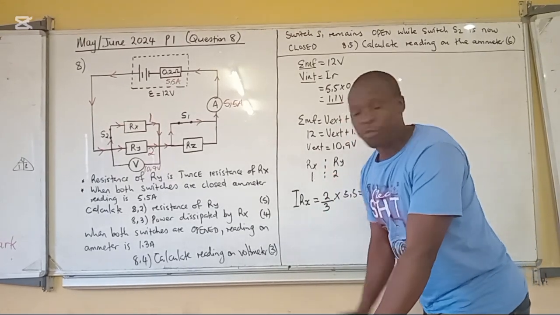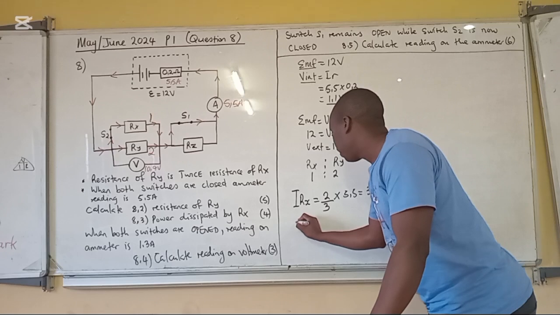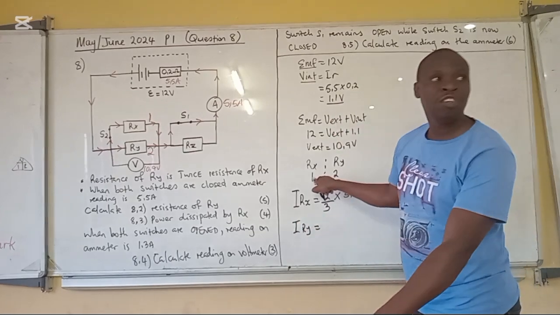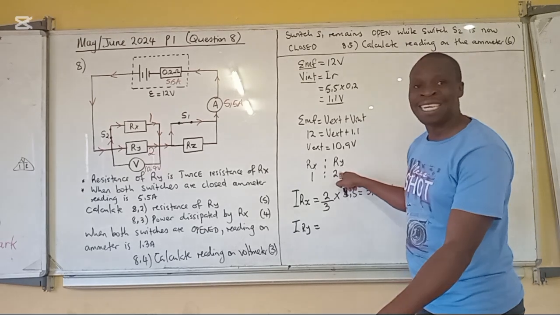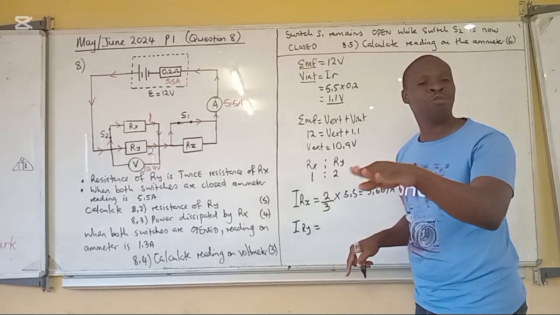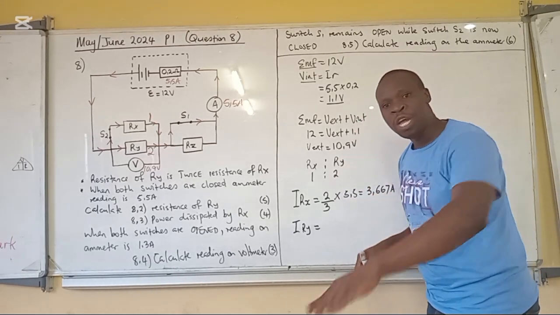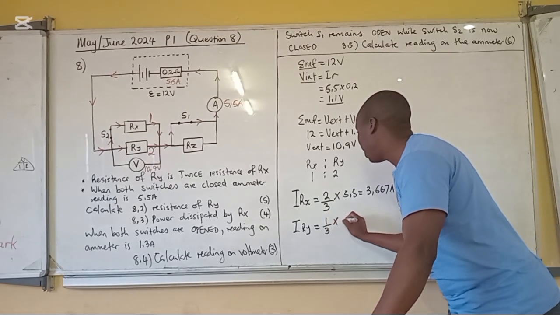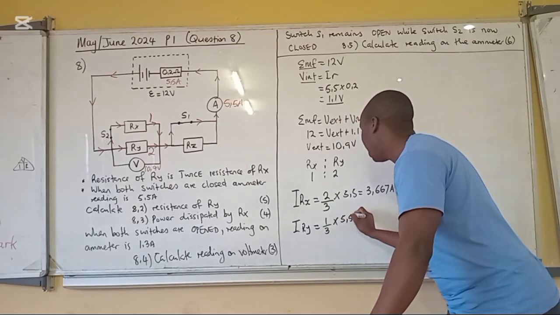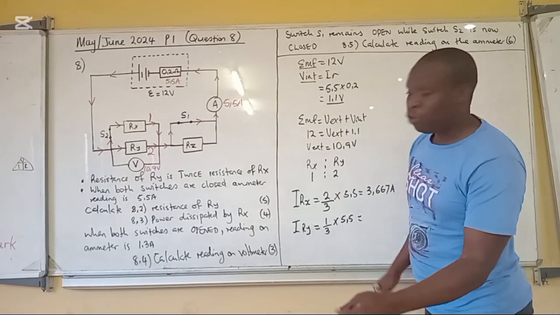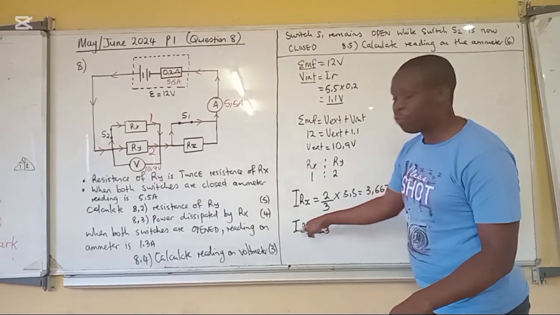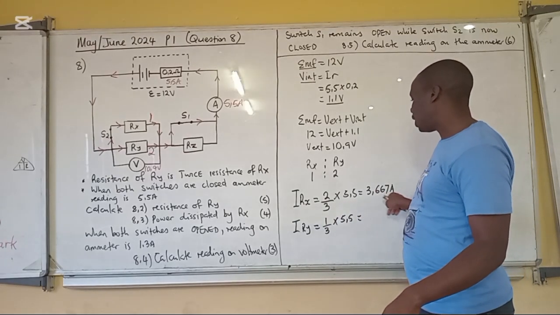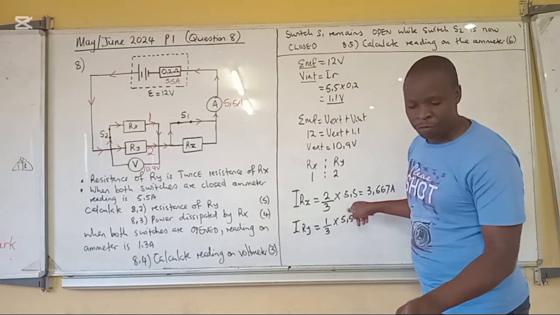To get the amount of current flowing through Ry, we use the smaller ratio, because the resistance is high, so the amount of current flowing will be lower. So we say 1 divided by 3 multiplied by 5.5. We could have also calculated the current through Ry by just subtracting 3.667 from 5.5.